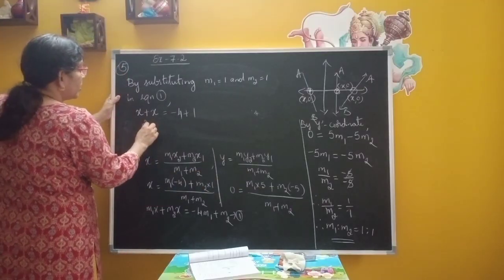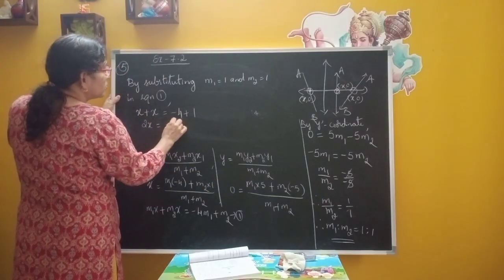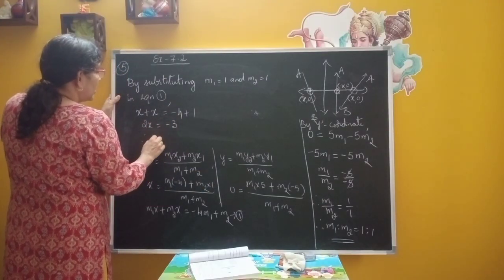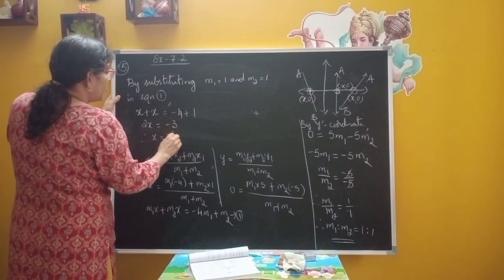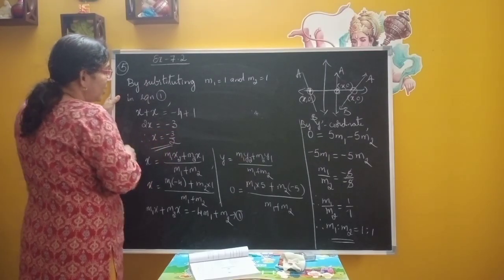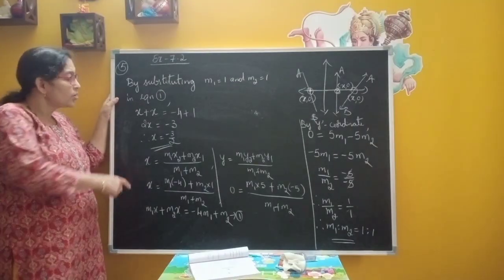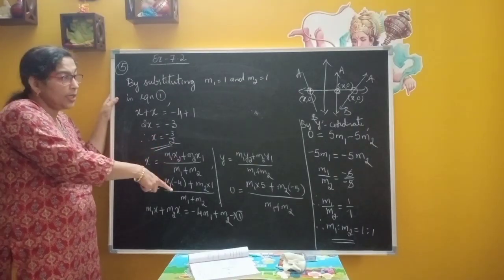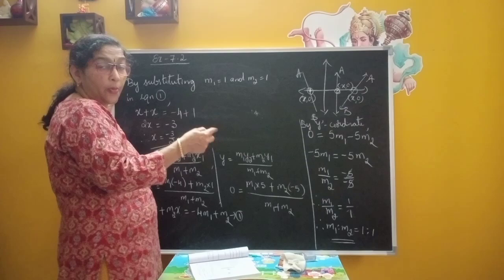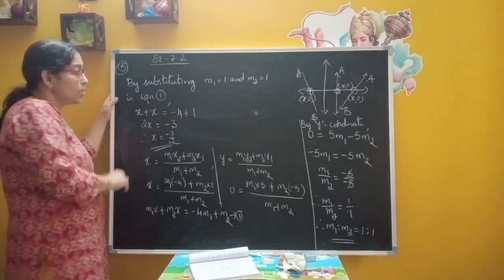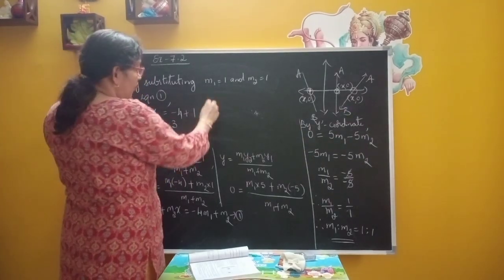So 2x is equal to minus 3, so x is equal to minus 3 by 2, or minus 1.5. What is the y coordinate? It is already known, it is 0 because the point is on the x-axis.